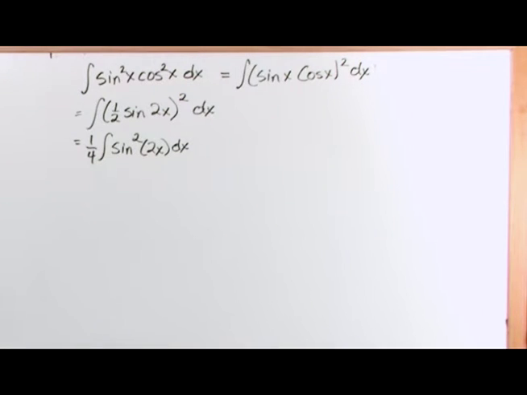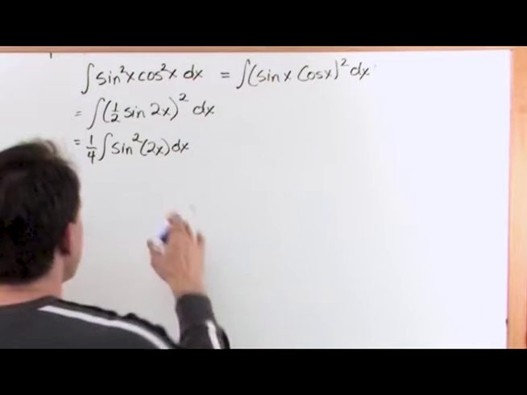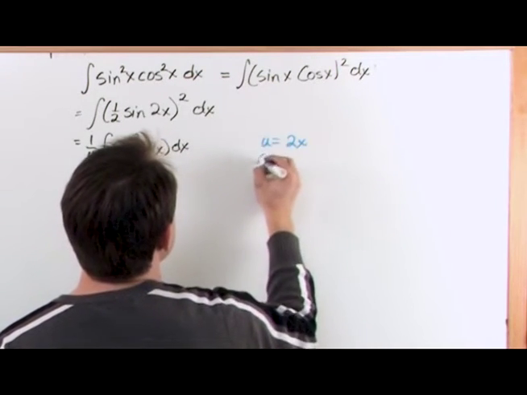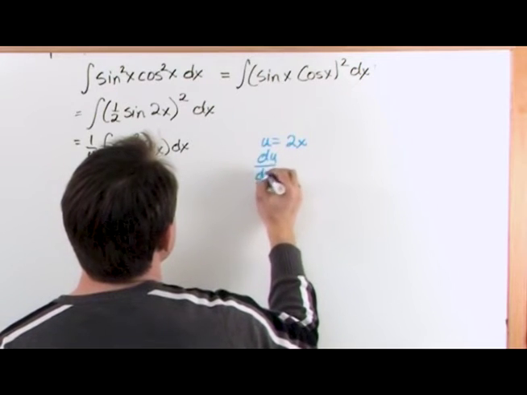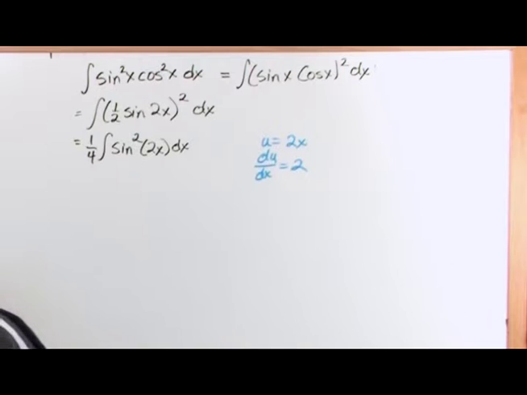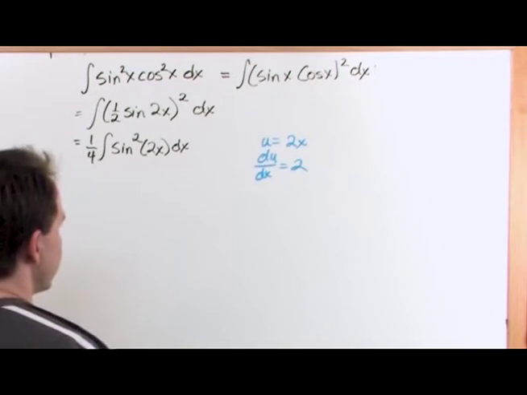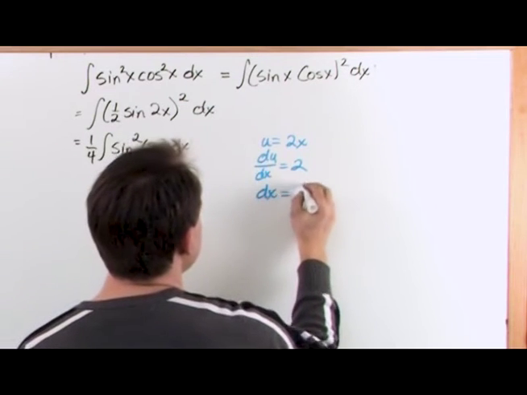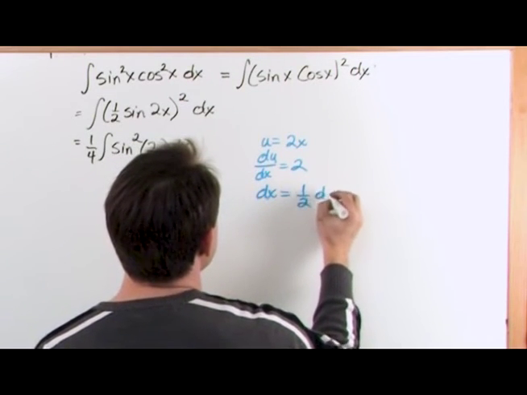Now let's do a quick substitution for this part in the middle here. u is equal to 2x, du/dx is equal to 2. Just taking the derivative, there's your simple polynomial derivative. Then solving for dx, because that's what I'm going to need for my substitution, dx is 1/2 du.